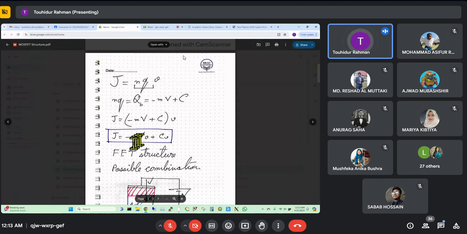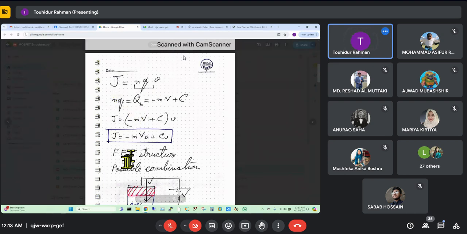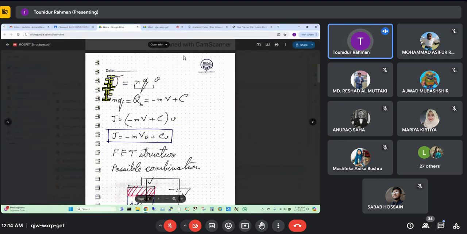If we apply the value of the electron charge, minus 1.6 times 10 to the minus 19, this negative sign will go out. Then we will have exactly identical Ohm's law: current is equal to voltage divided by resistance. Sorry, actually MV will be conductance, and the inverse of MV will be resistance. Any question about the interpretation of this equation?